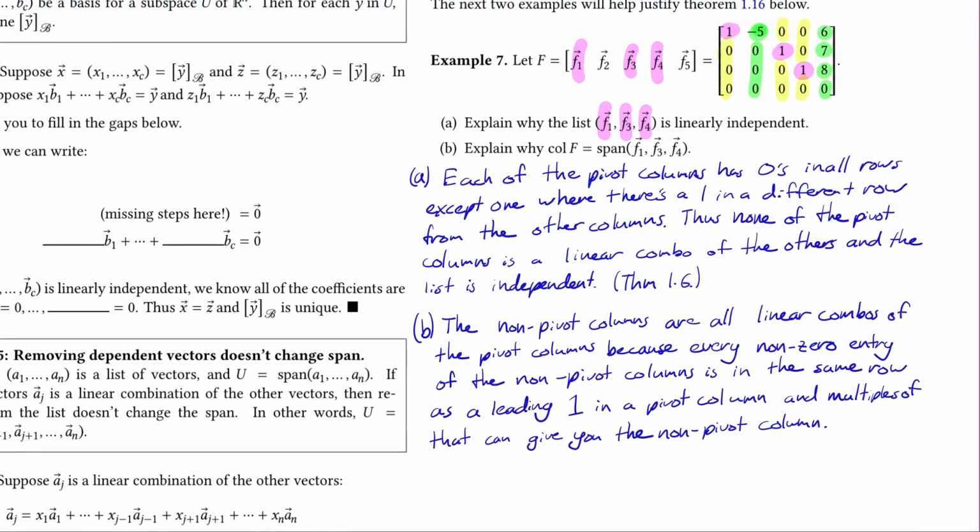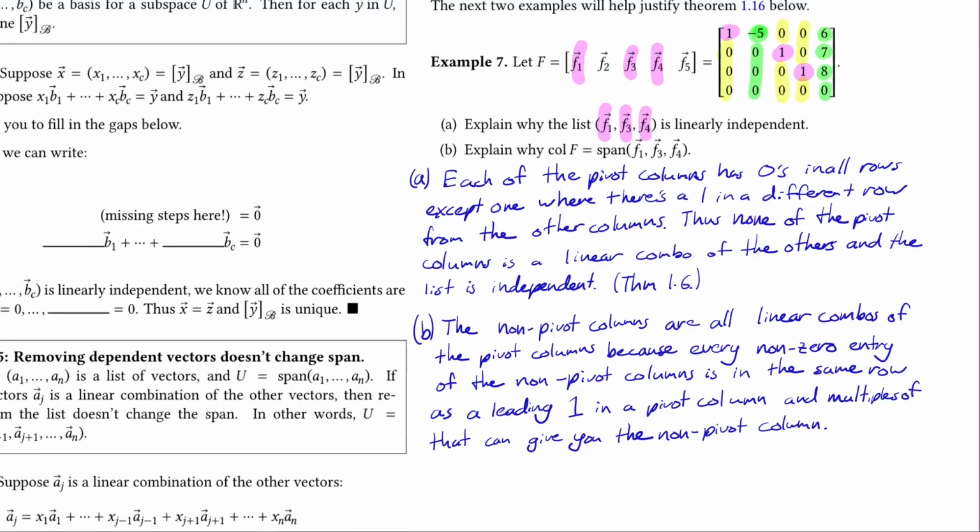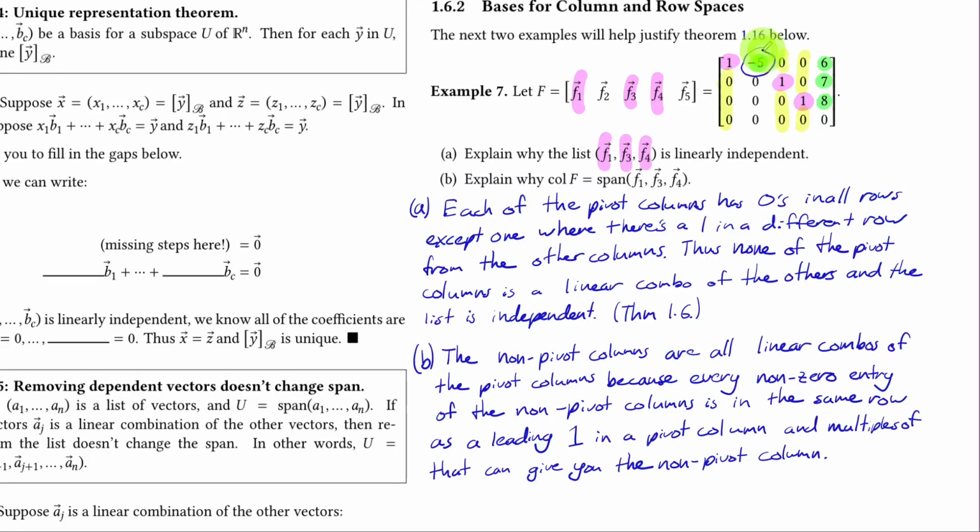So if we think about where, in general, all of the non-zero entries of the non-pivot columns are, I have them highlighted in green here. They are always going to be in the same row as a leading 1 in a pivot column, because if you had a non-zero entry in the bottom right here, and there was no leading 1 to the left of it, then this would be the leftmost non-zero entry, and it would be a pivot.